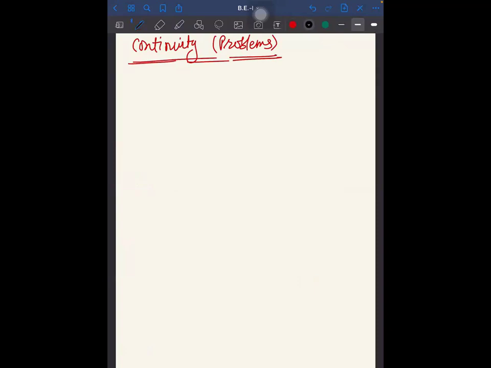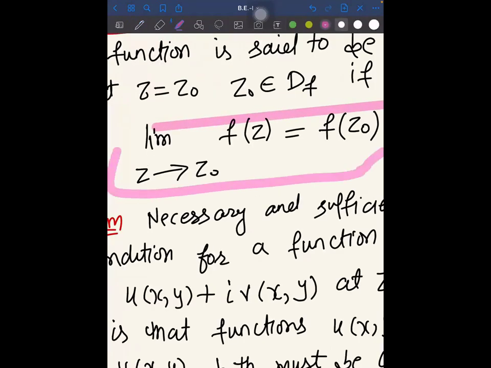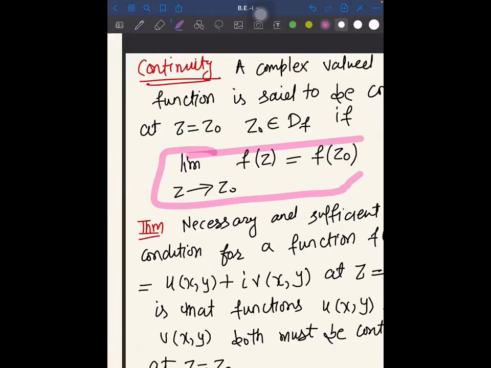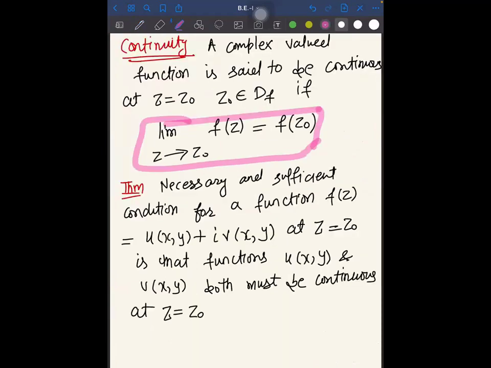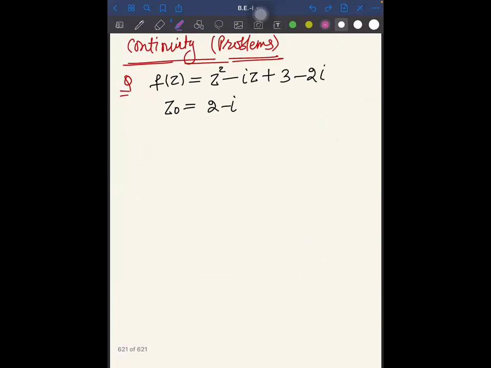Yes. So at z naught, that is 2 minus iota. For continuity, this thing must hold, right? This is a sort of polynomial, and this can be easily achieved.